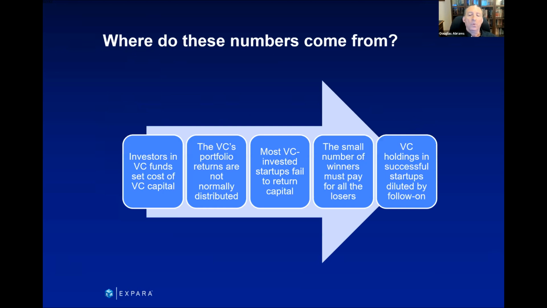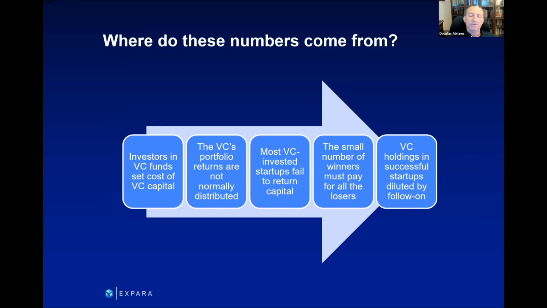So what about some of the other numbers in the venture capital method? Where does my 20% come from? This is because investors in VC funds are the ones that set the cost of VC capital, meaning investors in VC funds require certain levels of return.